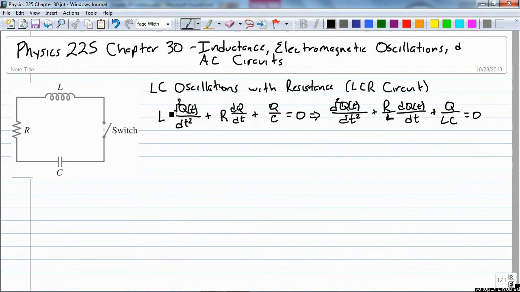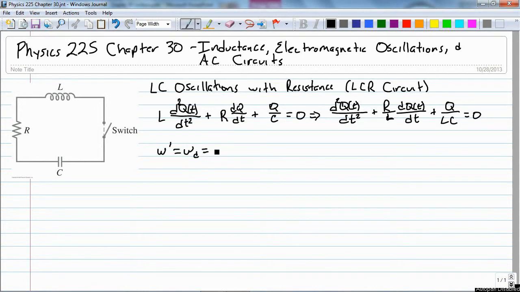And I'm not going to go through all the derivation. This should look very familiar from what we did in chapter 14. What we find is that we have omega prime. I use this only because Giancoli does. I prefer using omega d for omega damped.